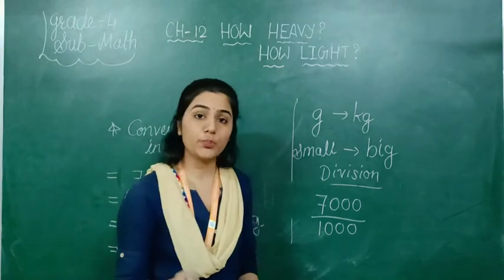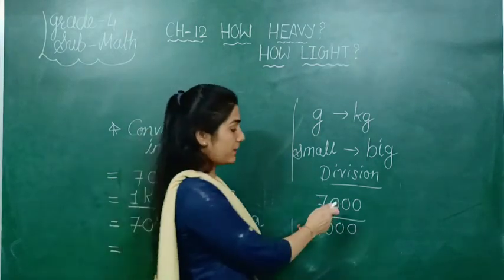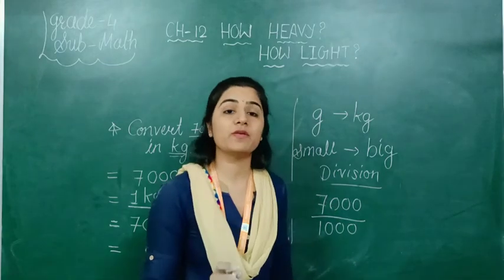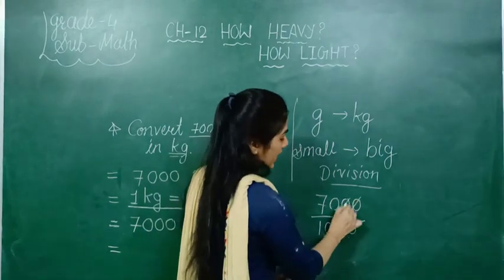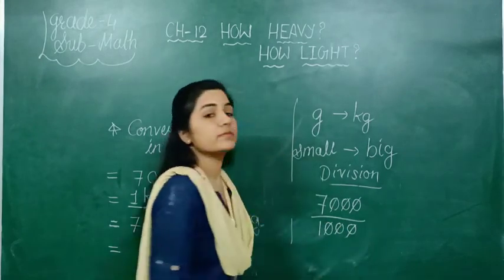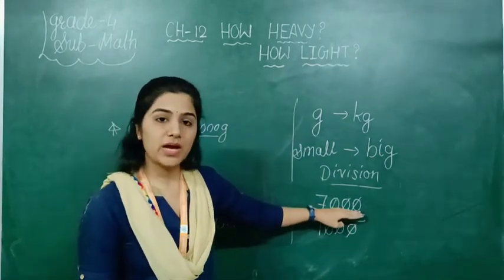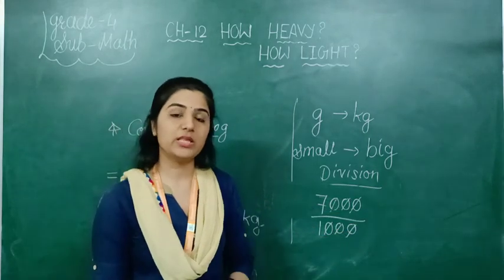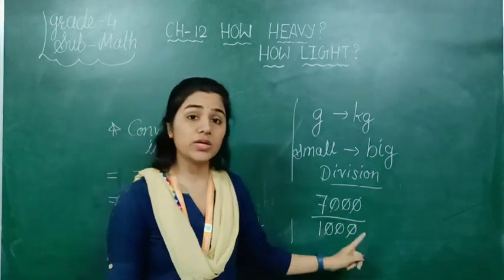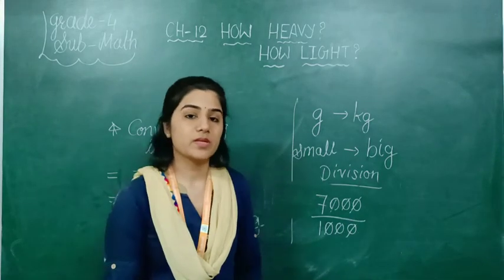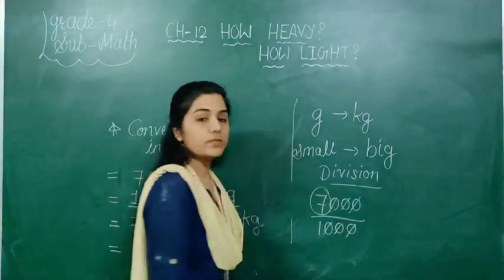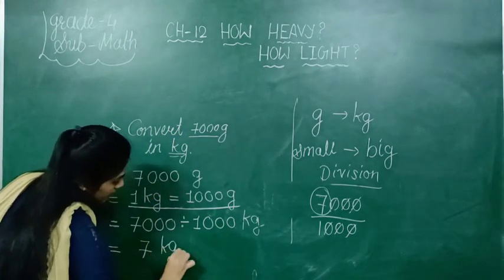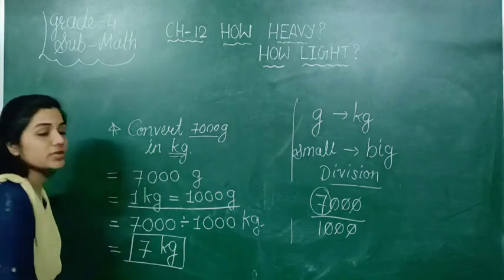I taught you previously that if the numerator and the denominator have the same number of zeros, they can be cut directly. The number of zeros is 3 in the numerator and 3 in the denominator, so these zeros can be cut. So what is remaining now? 7. So 7 kg is your answer.